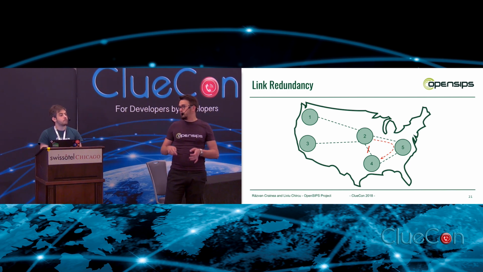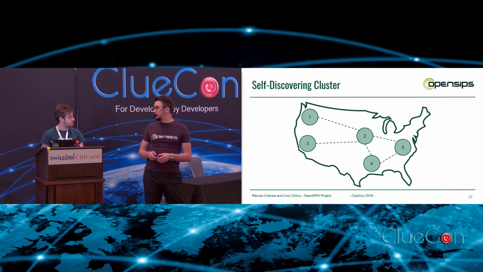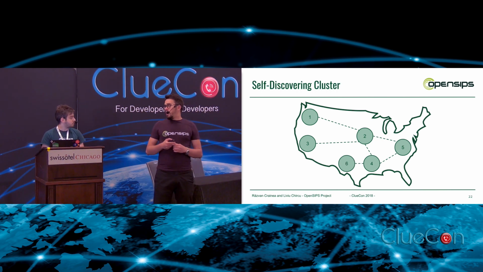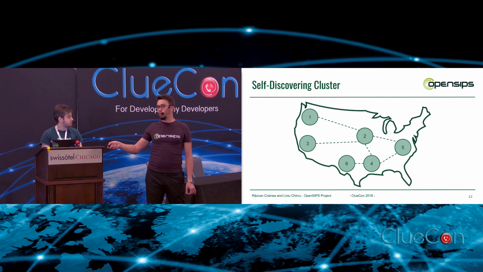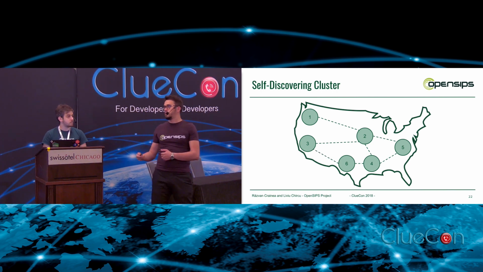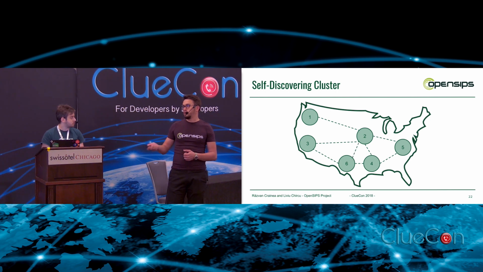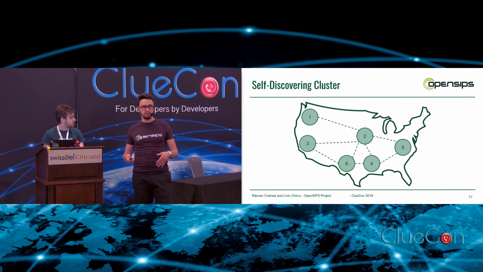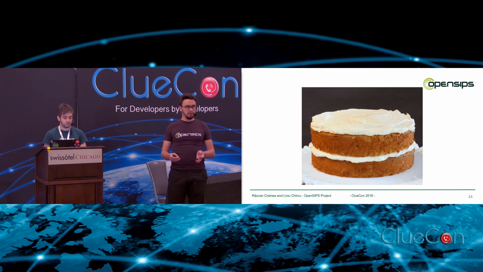If a link goes down, everybody is still in sync because they can use each other to route. And it's very simple to join. All you have to do in order to join the cluster is know one node within the cluster, connect to it, and then you'll start discovering the entire cluster. He will say his neighbors and his neighbors' neighbors and so forth and so on until you figure out everything.